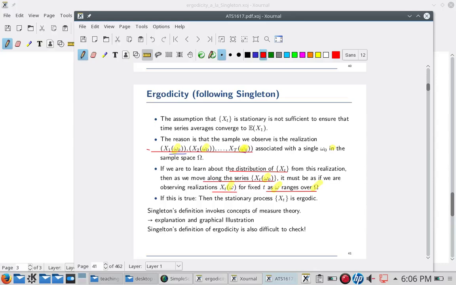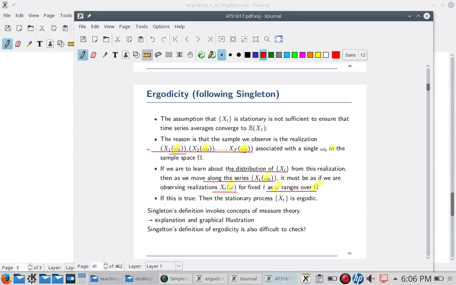As I said in the slide, Singleton's definition invokes some concepts of measure theory. I've provided them in the first video, with this explanation and the graphical illustration, so I hope you find that useful enough. Singleton's definition of ergodicity is harder to check.